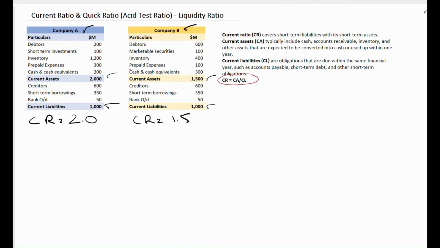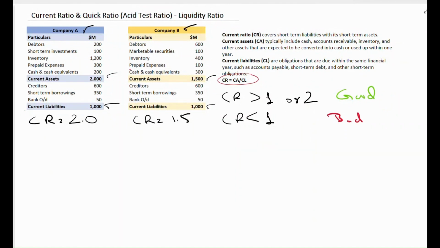Now the general understanding or approach is that if the current ratio is greater than 1, or 2 for certain industries, then it is considered to be good. However, if the current ratio is less than 1, then it is considered to be bad.